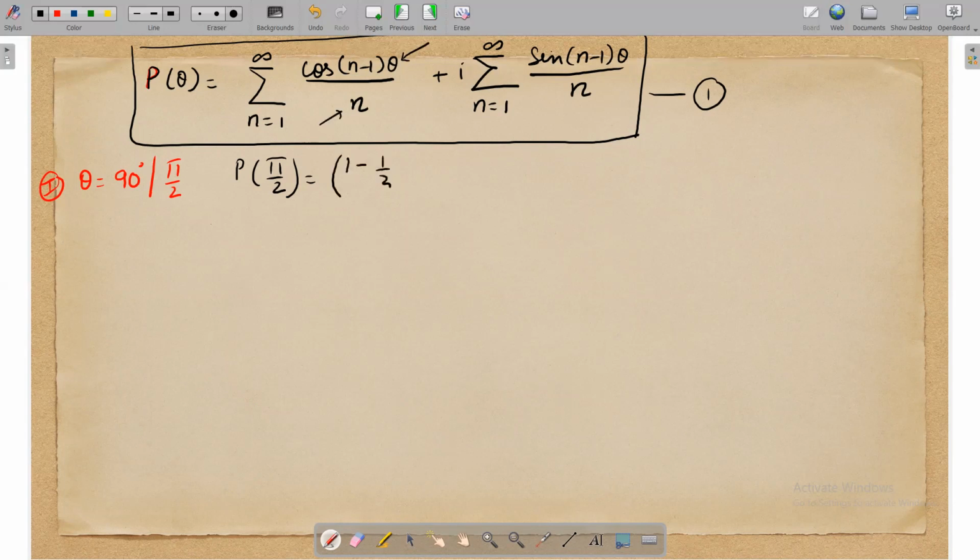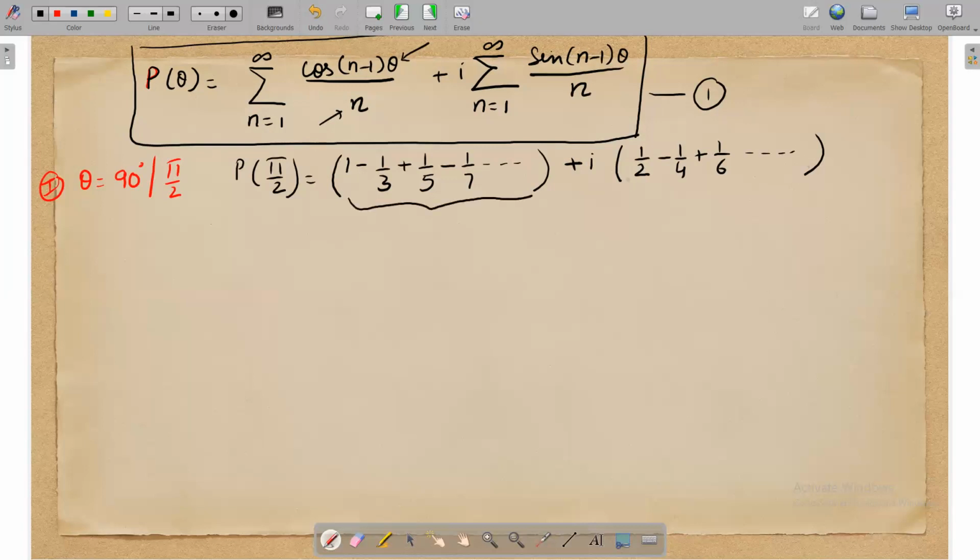What is left out is 1 minus 1 by 3 plus 1 by 5 minus 1 by 7 and so on till infinity. Similarly, in the second sigma, we will be left with 1 by 2 minus 1 by 4 plus 1 by 6 till infinity. So this is the answer for P pi by 2. It is not representing the distance right now. It is only the vector that we have written. But I want my answer in terms of the distance.